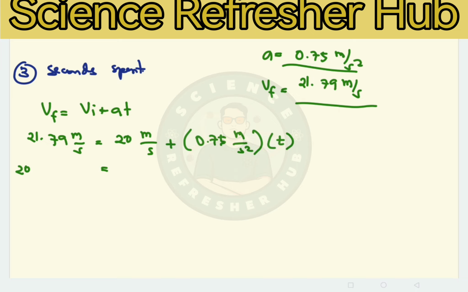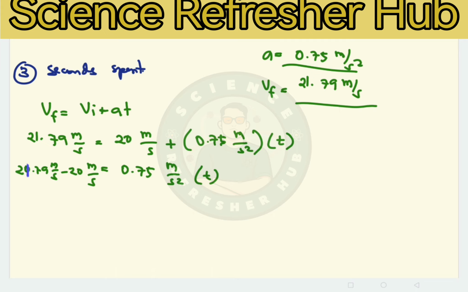So we can have 21.79 meters per second minus 20 meters per second. So 20 will be cancelled. On the right side of our equation, we have 0.75 meters per second squared times the time. So hold on, it must be 21.79.